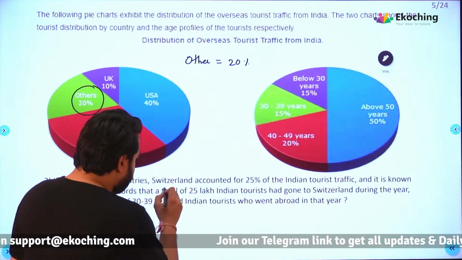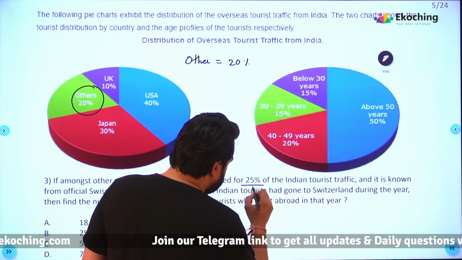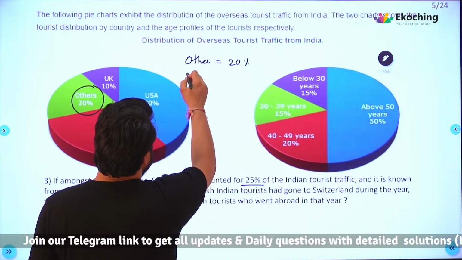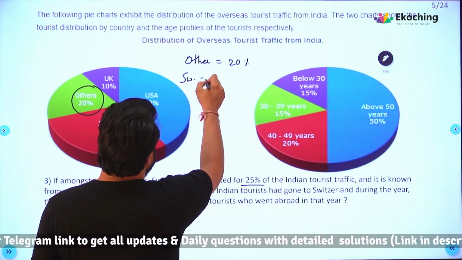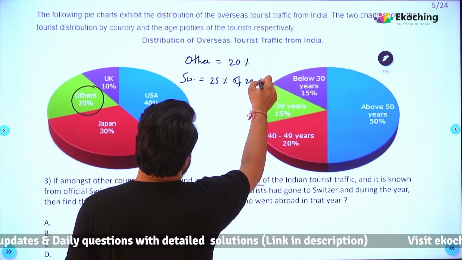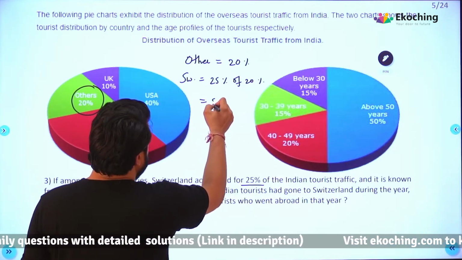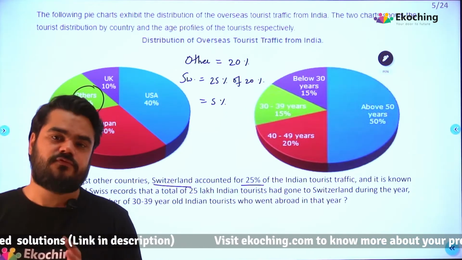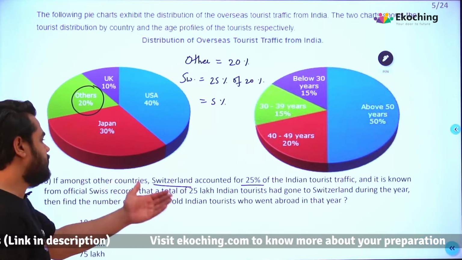Switzerland accounted for 25% of this. What is 25% of 20%? 5%. So we can say that 5% of tourists went to Switzerland.